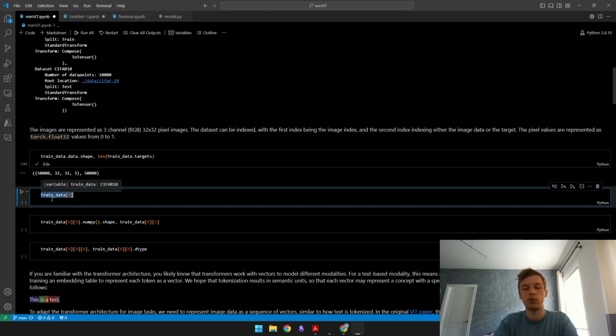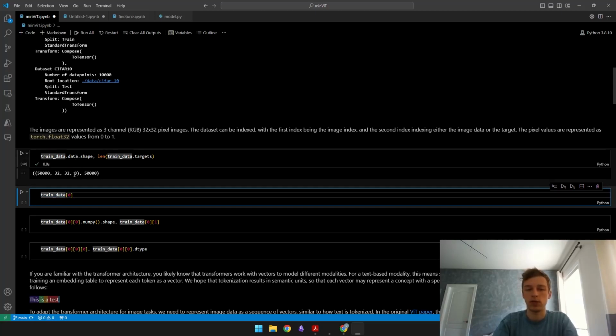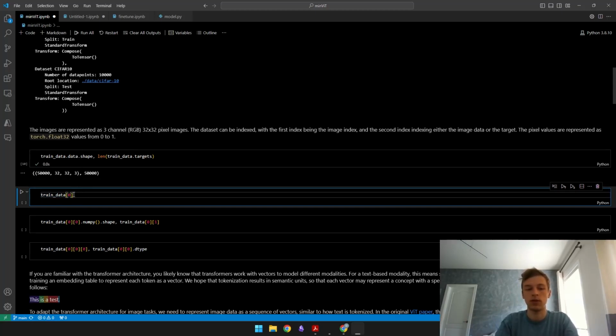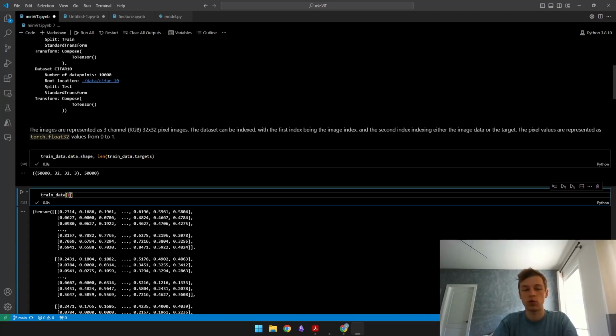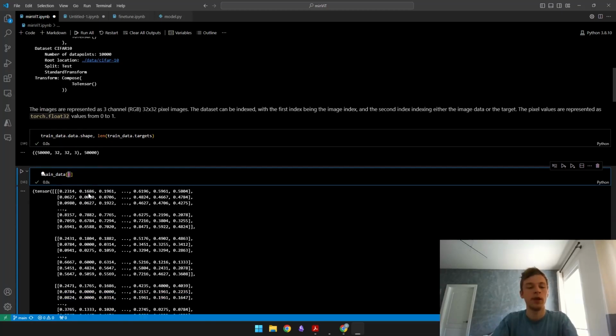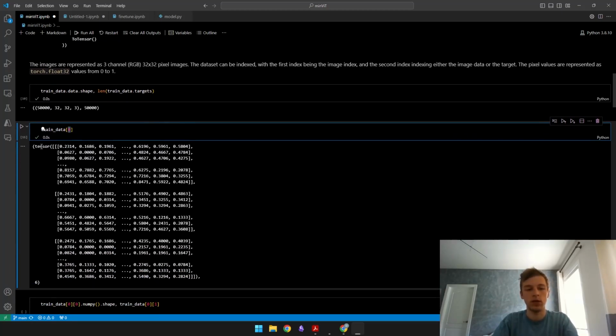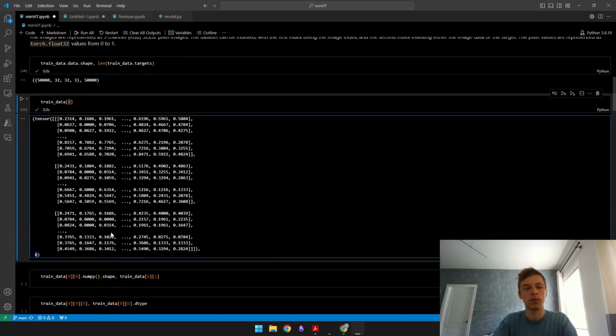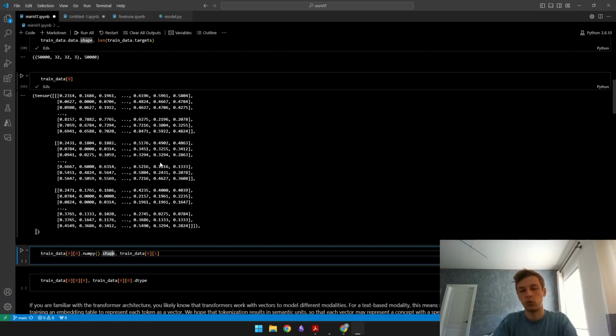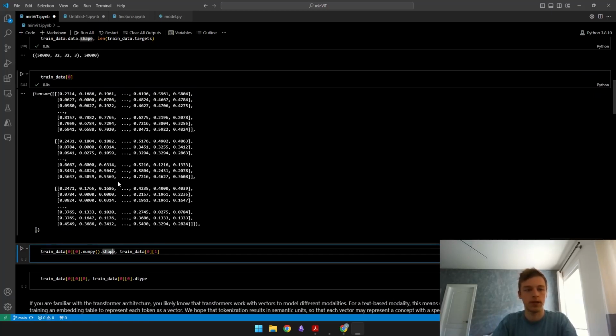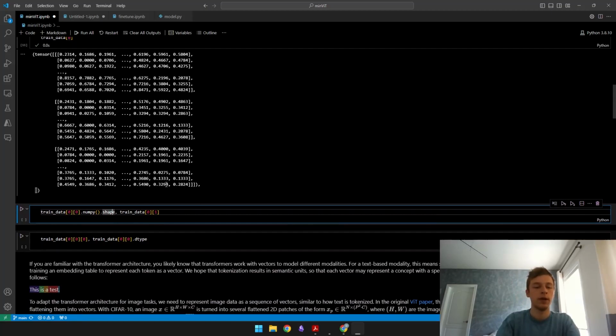And we can index into training data without using dot data, simply using this index. 0 would correspond to the 0 data value, so the first image class pair. And here we can see we get a tuple with a tensor for the image and then the class, which in this case is 6, which of course would correspond to the classes we saw earlier.